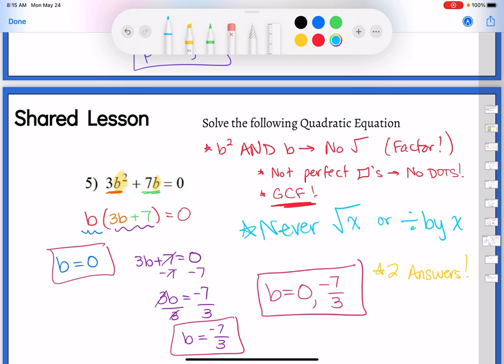Everybody wants to say, okay, if I just divide by b, I'll be fine. I won't have that squared anymore. No, you lost an answer if you divide by b. Never, ever take the square root of x or divide by x. Never do it, okay? Use a GCF. That's the method. That one just seems to throw everybody off, so I'm glad we talked through that one.